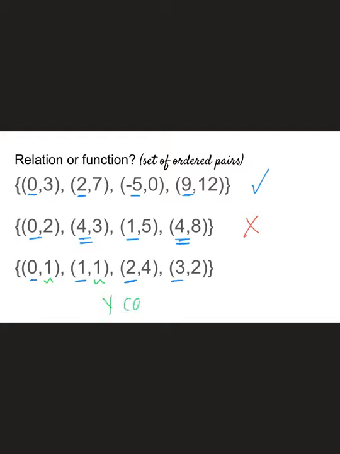X cannot. So this guy is still a function. Yes, that is a function. So X cannot repeat, but Y can. And remember, it goes X, Y every time.